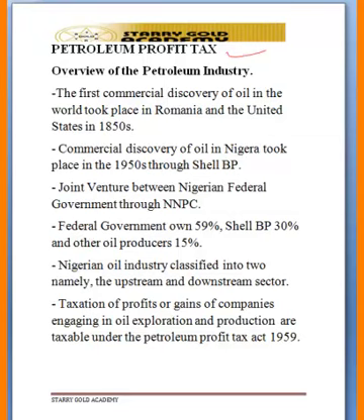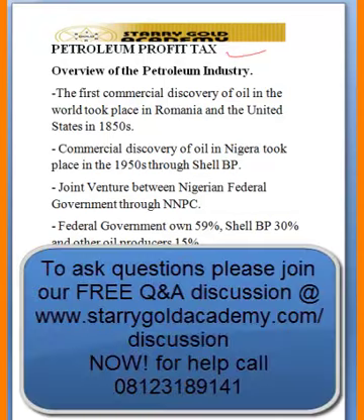Now the petroleum industry is classified into two. We have the upstream sector and the downstream sector. What are the activities of these sectors? I will briefly take you through what is done in each.